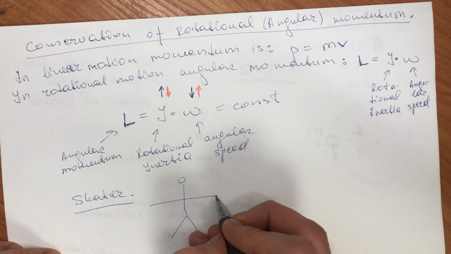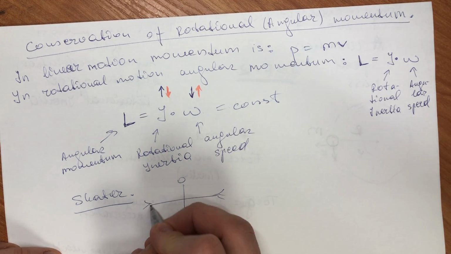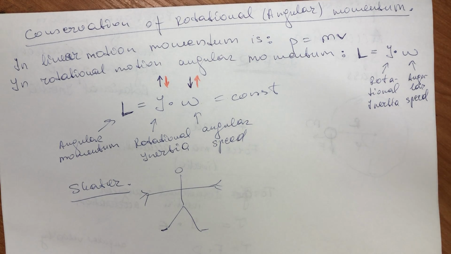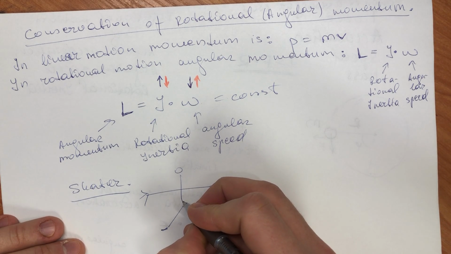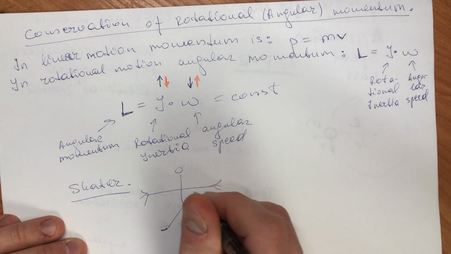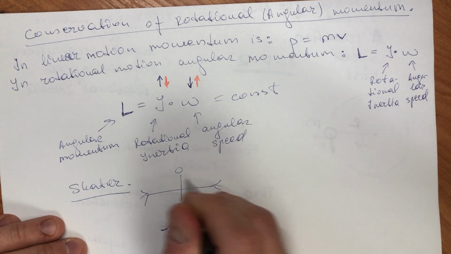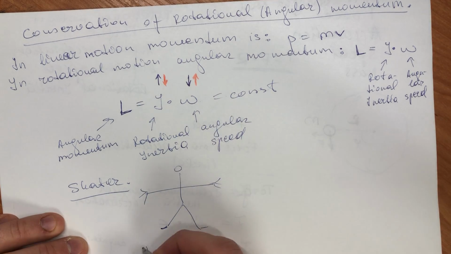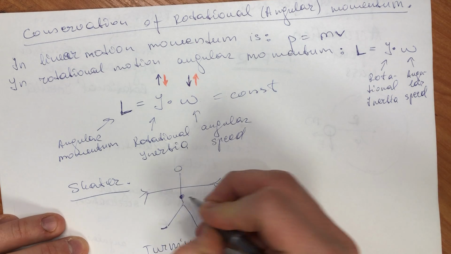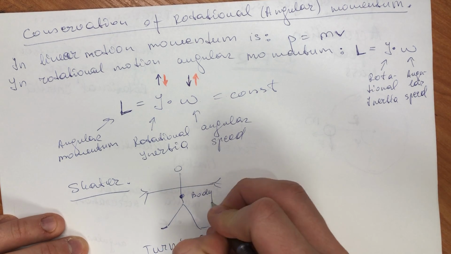The skater's hands are widely apart, and he is turning around his body axis.